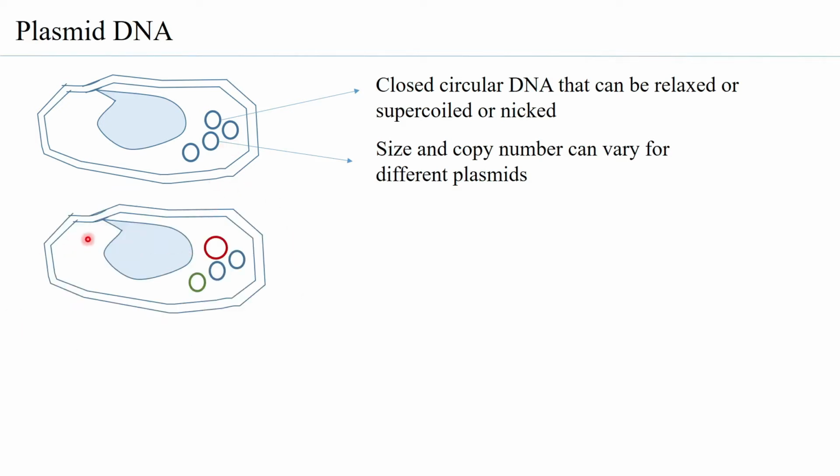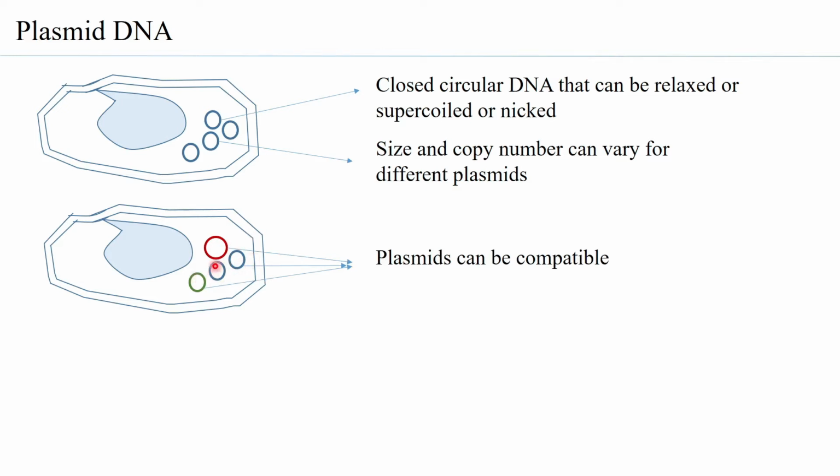What is also interesting to notice is that within a bacteria, you may have more than one type of plasmid present. And this is possible. It has been observed that about 7 to 8 different types of plasmid DNA can coexist within a bacteria, and that is only when these plasmids have compatibility.